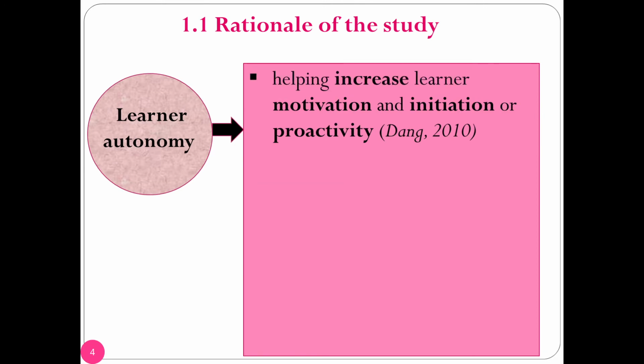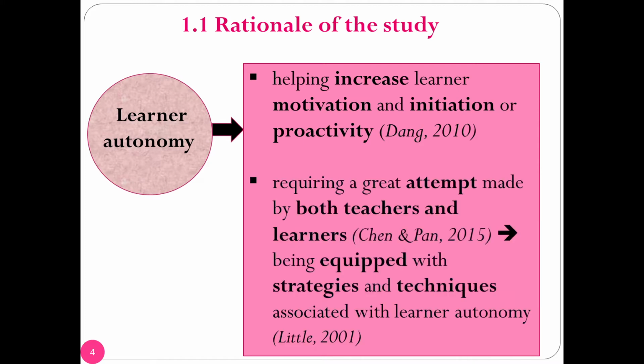Learner autonomy helps increase learner motivation and initiation or proactivity. It requires a great attempt made by both teachers and learners. Therefore, they should be equipped with strategies and techniques associated with learner autonomy.